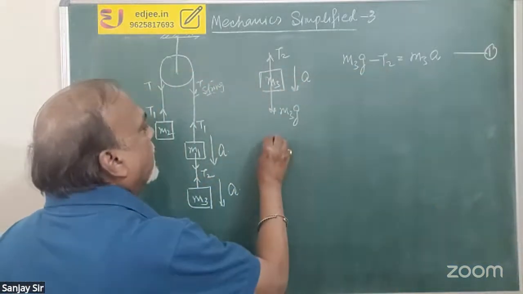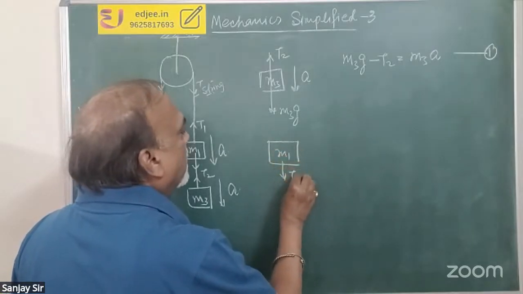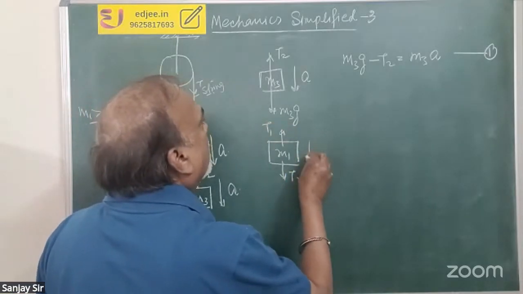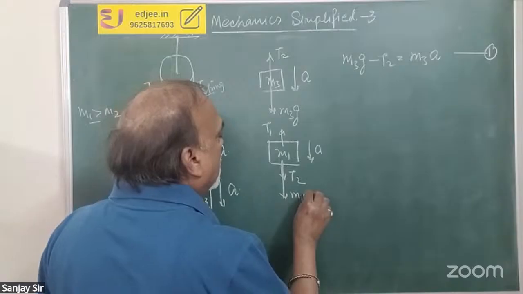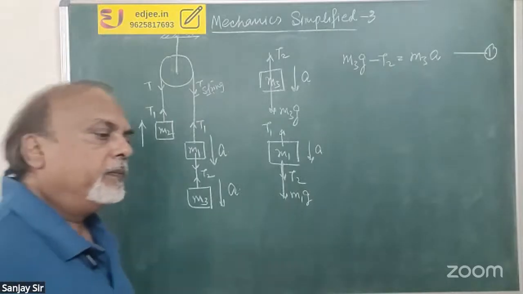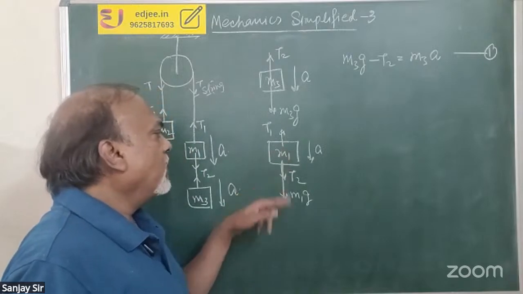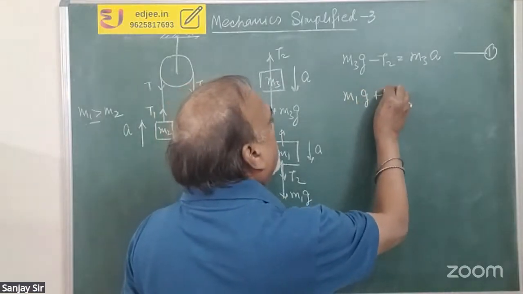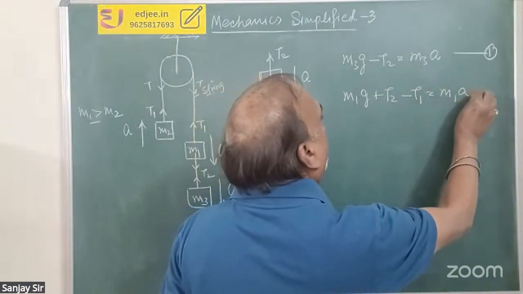Then let us take M1. Here T2 is there and here T1 is there, and this is moving with A, and of course M1G. This is also going downwards, meaning M1G plus T2 minus T1 is nothing but M1A.